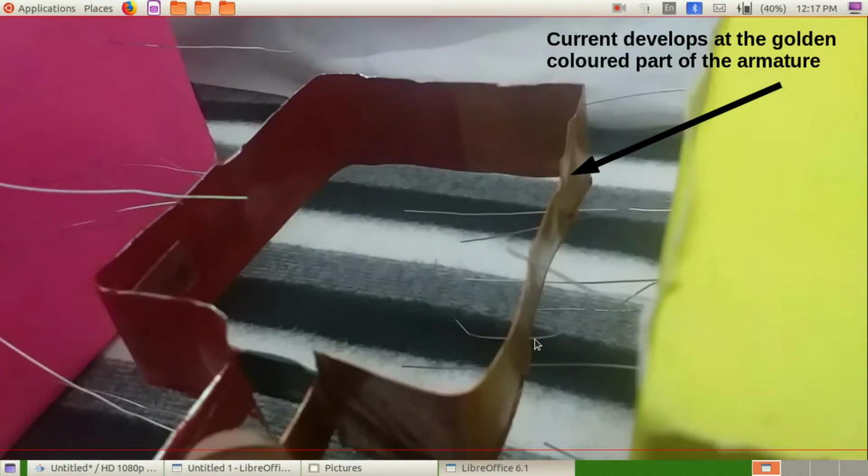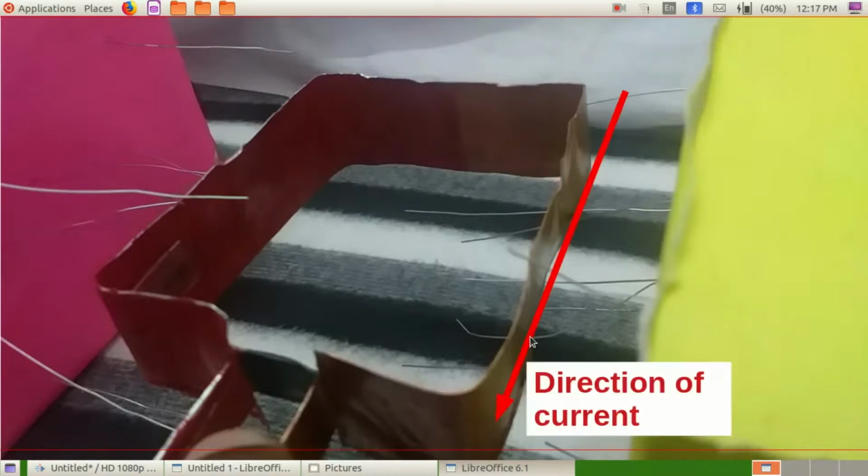But now current is developed in this golden colored part of the armature. This is the direction of current.